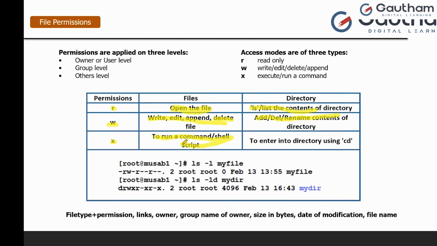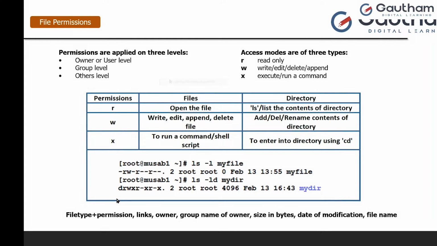Otherwise, we don't need execute permission at all. And in case of a directory, it is very important. You cannot enter into the directory if execute permission is not given. So execute permission is really important when it comes to directories, but on a file, it is optional and only needed if the file is a special file called a script.